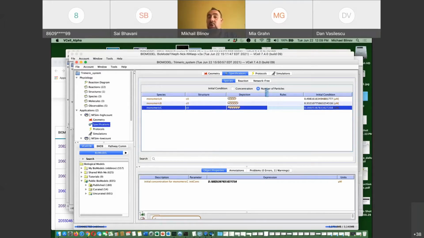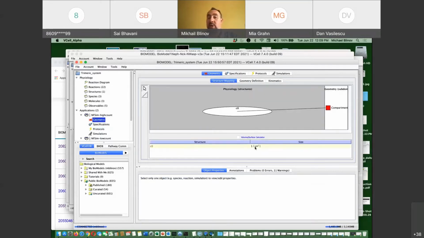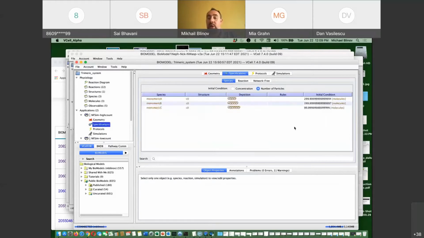And with this conversion, you see now there's a bit of numerical error. So 300 is now converted to 299.999999. This conversion goes through the volume that is defined here, in this case 1 micrometer cubed. So when dealing with stochastics, it's very important to track all three parameters: number of particles, concentration, and volume.